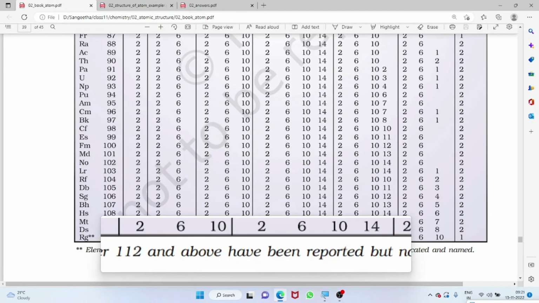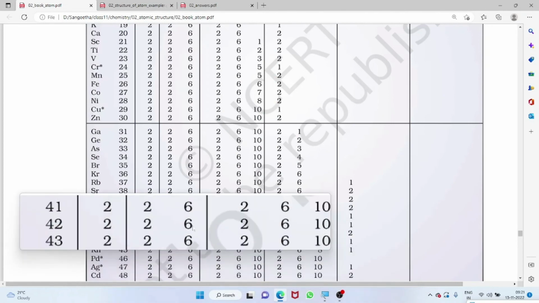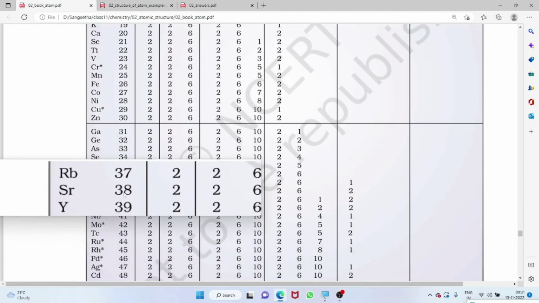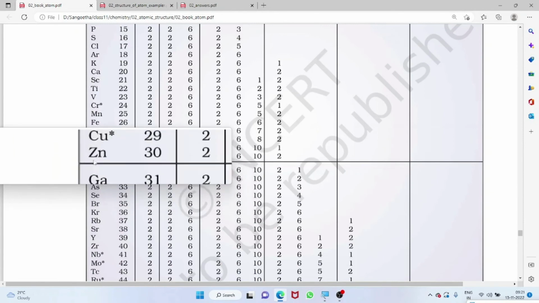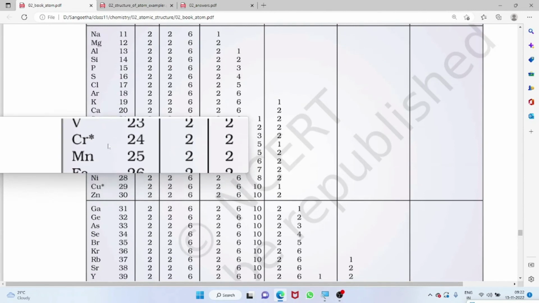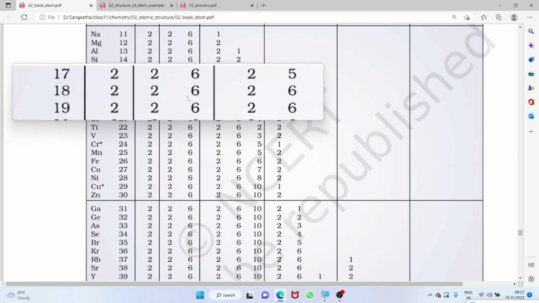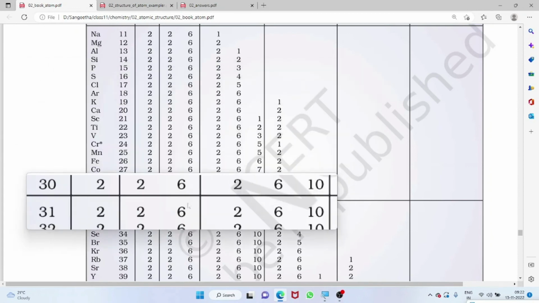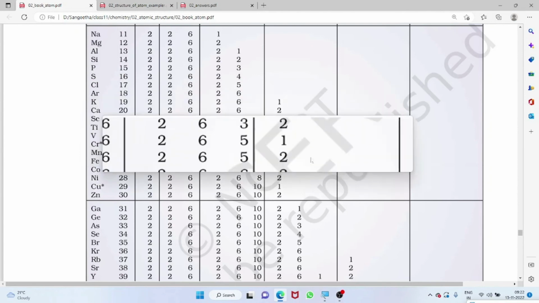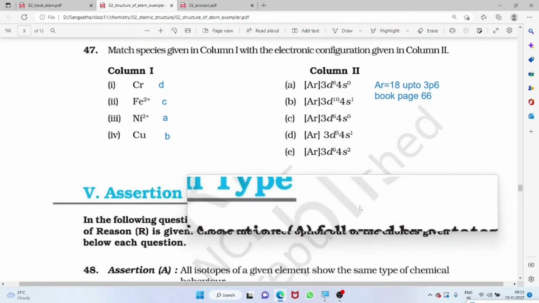So here it is given. See the Ar 2, 10, 16. Then above that they are adding on the orbitals. Okay, these are the matches.